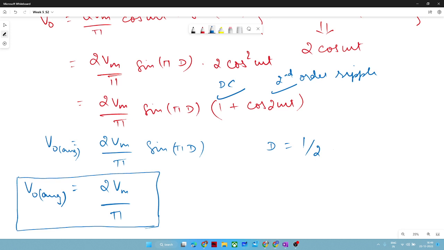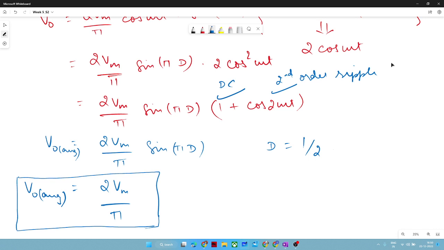Now, we wrote V naught in terms of all the ripples along with the average. Now I want to write the Fourier series of our Is, the source current.